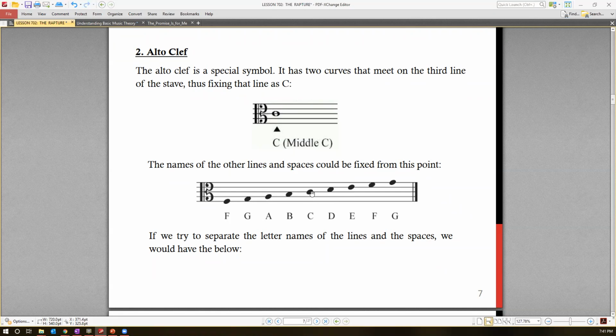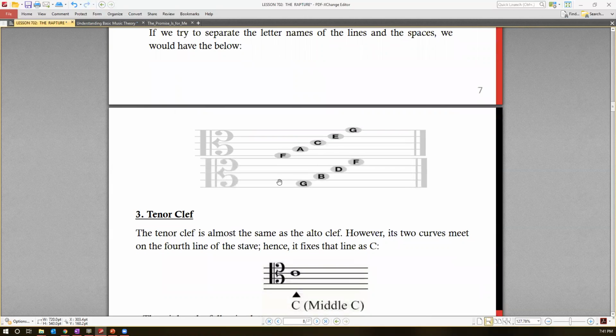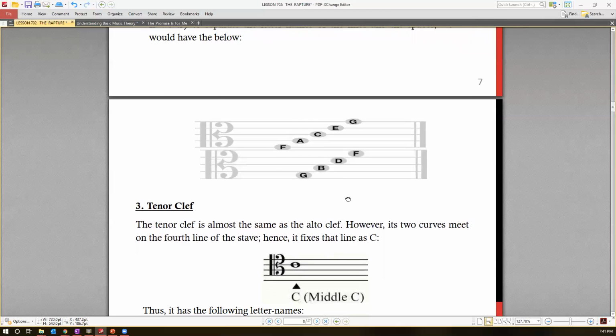Always remember, we don't have H. When we get to G, we come back to A, B, C, D, E, F, G, A, B, C, D, E, F, G. And again, if we separate them, we have lines and spaces. We commonly separate a staff into lines and spaces to easily identify the notes.